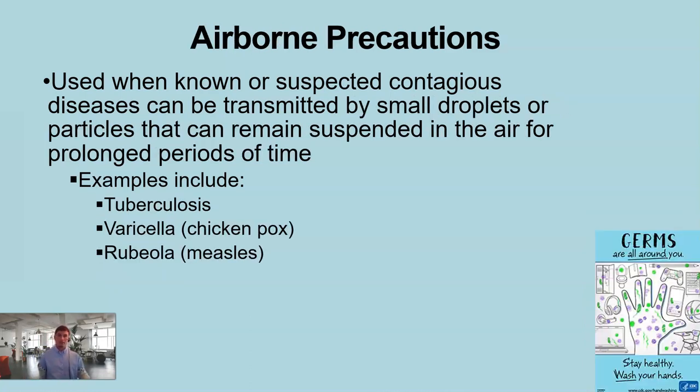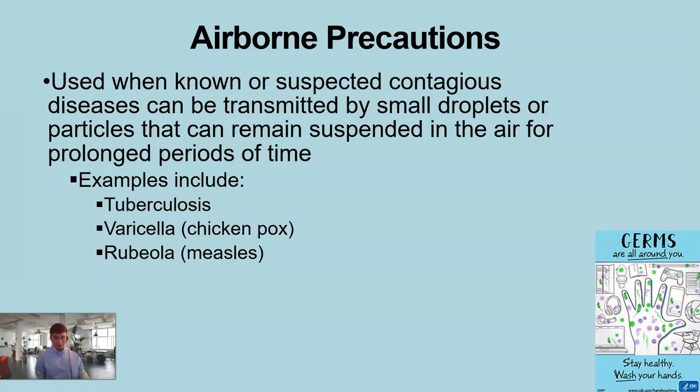Airborne precautions. Transporting a patient who requires airborne precautions should be limited. However, when necessary, the patient should wear a surgical mask. An N95 respirator mask is not usually required for the patient, but a surgical mask that covers the mouth and nose to prevent the spread of infection.